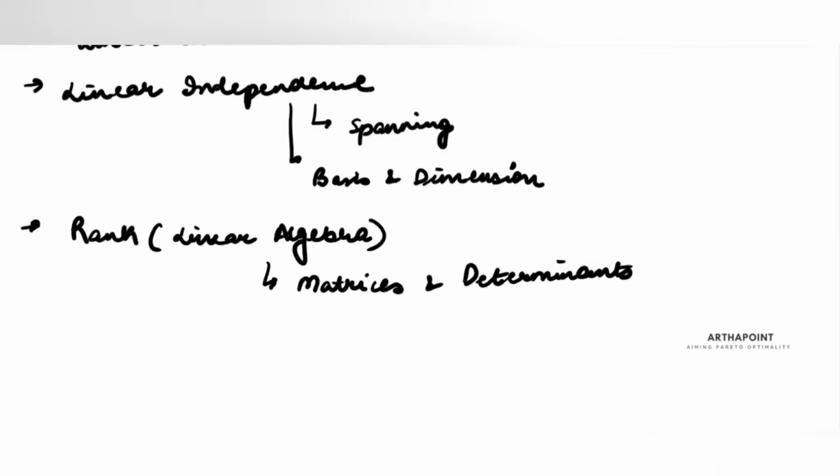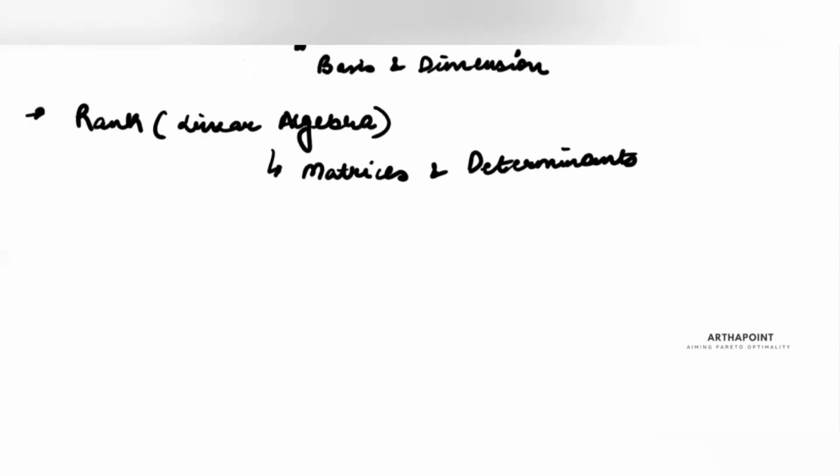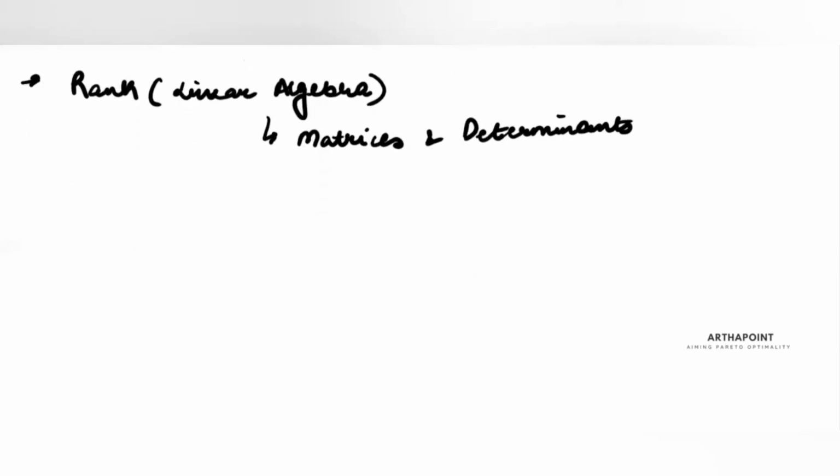Now, all of this is very important from the perspective of an IIT JAM paper, because as we saw, we got a lot of questions related to vectors in the paper 2021 from this topic. Today, I'm going to continue with it and I'm going to talk about linear mapping. This is the last topic from linear algebra that holds a lot of importance.